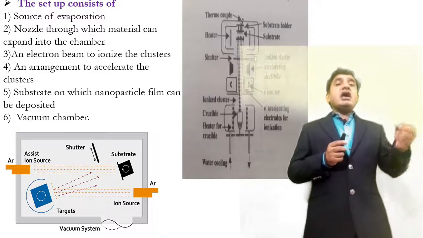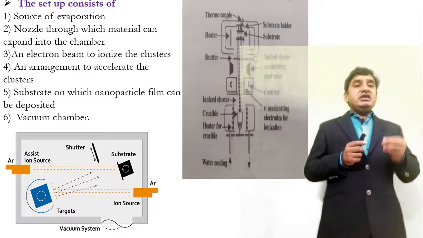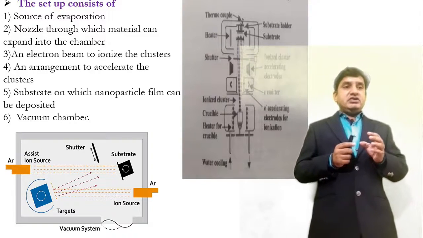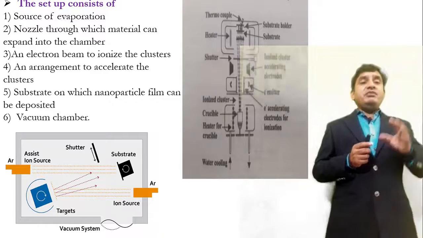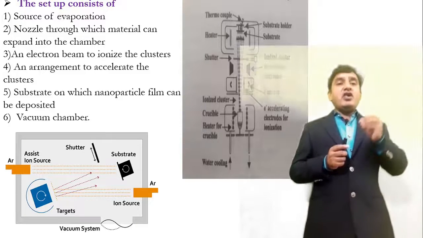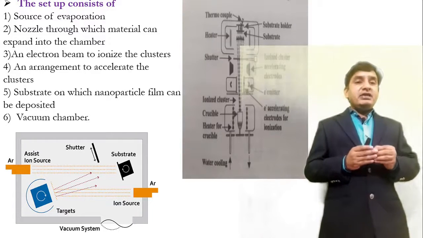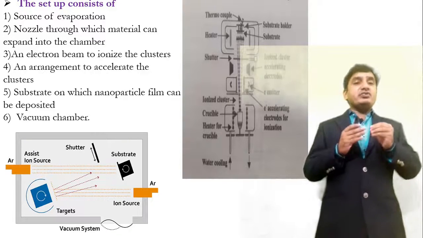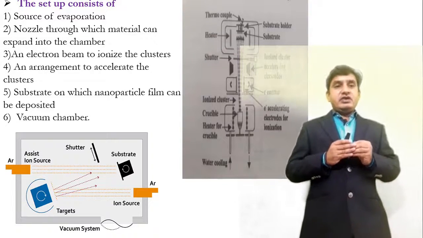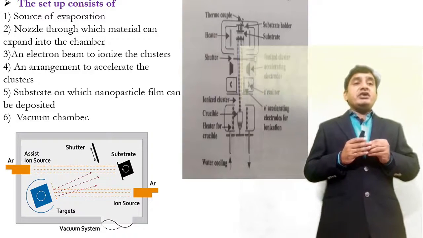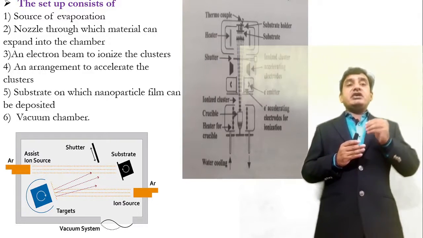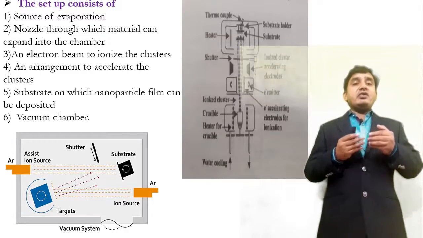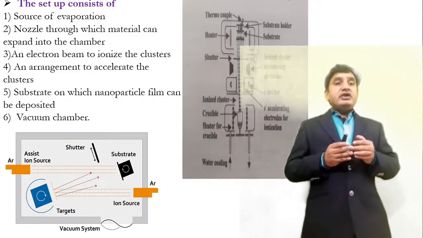When the ion beam, or ions or electron beam, is incident on the target material inside the crucible, the ionized cluster is produced, or electrons are emitted.